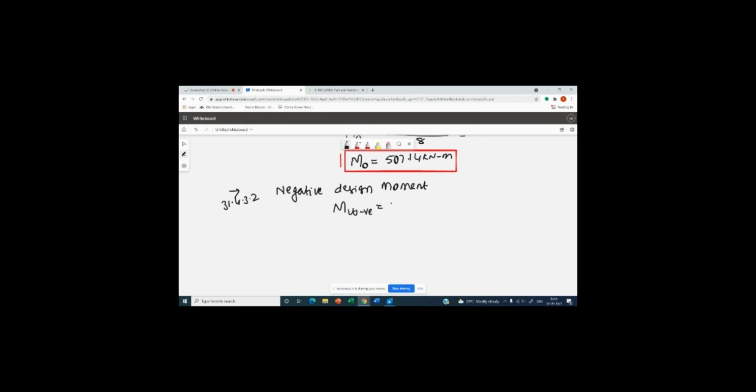As per IS 456, it is 0.65 times of total bending moment. So that is coming as 0.65 into 507.14. So finally Mu negative will be approximately 330 kilonewton meter.